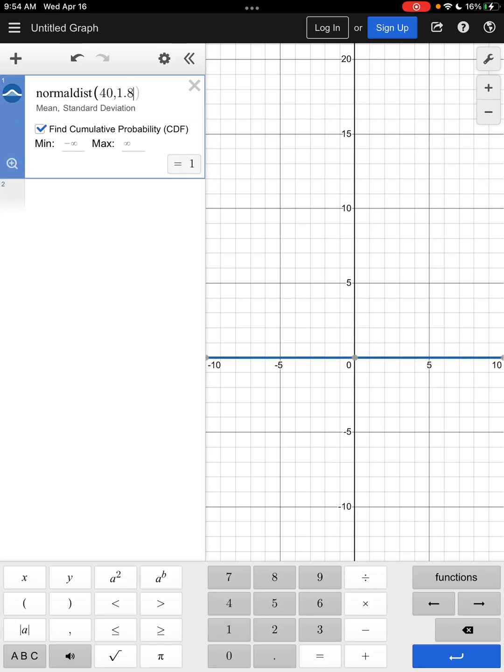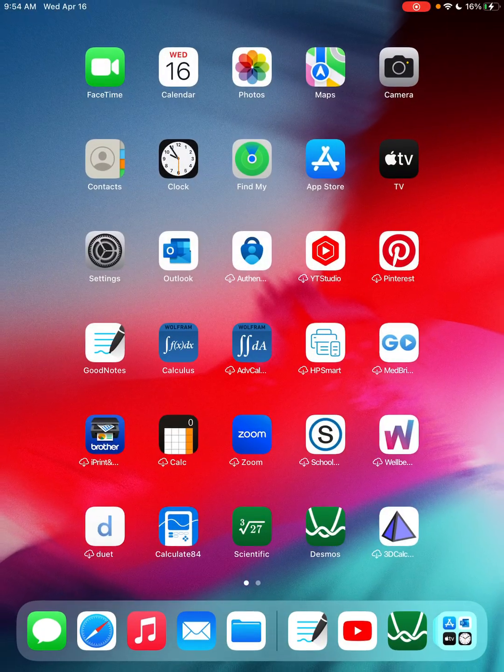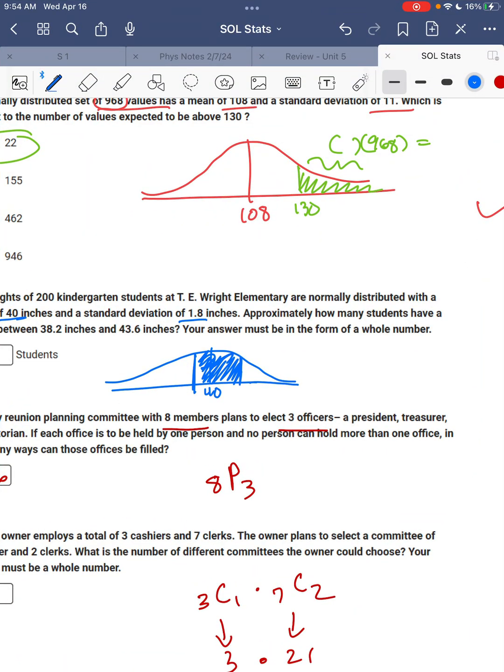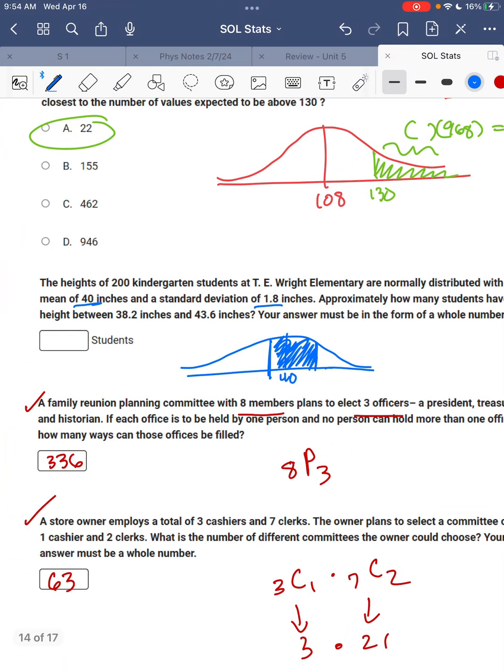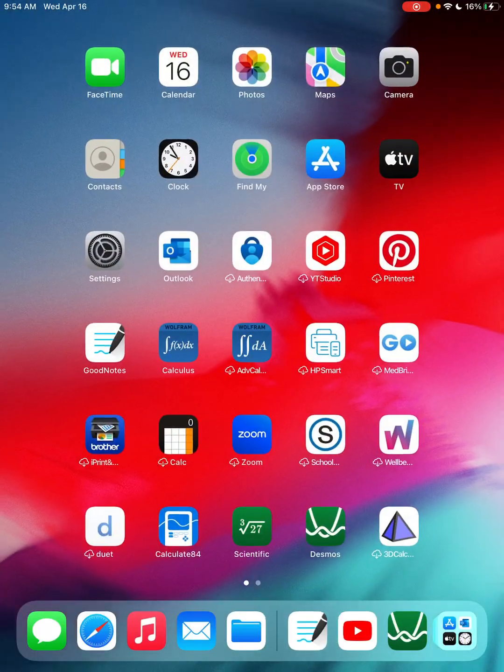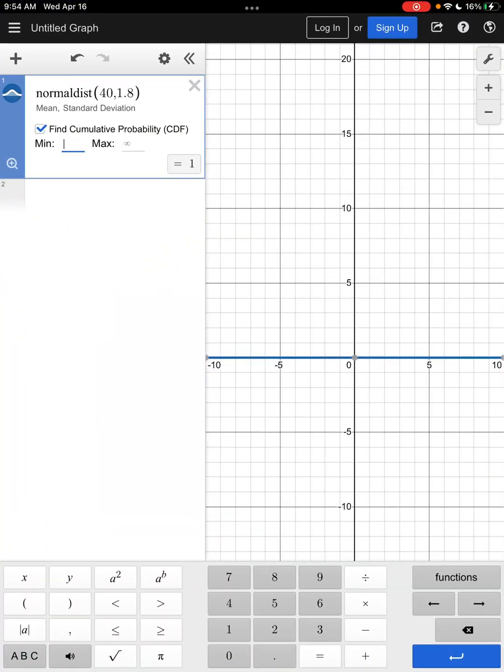And we want to find this min and max. I want 38.2 and 43.6. So there's my probability, 0.818.